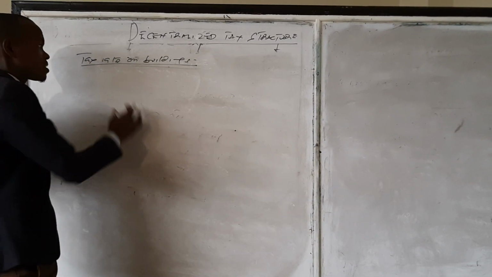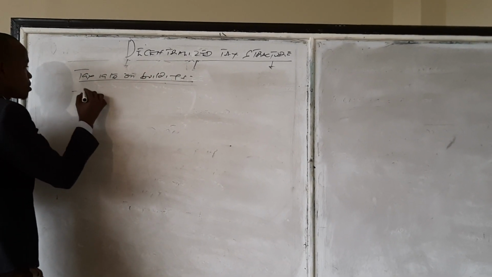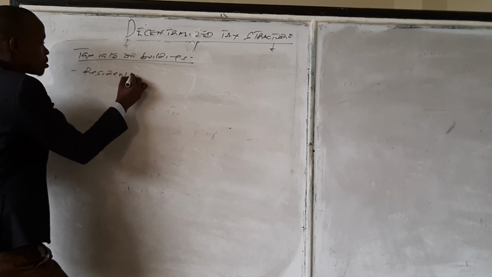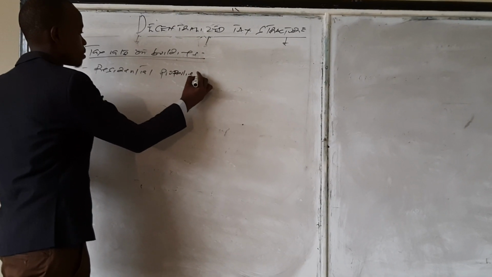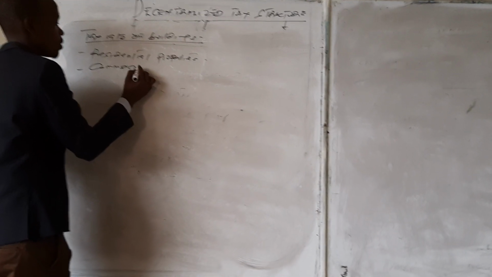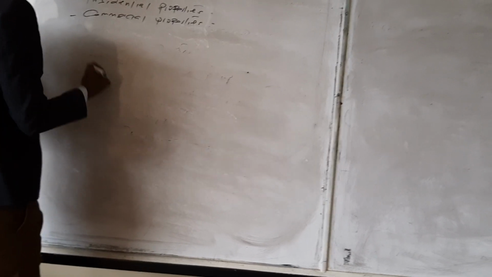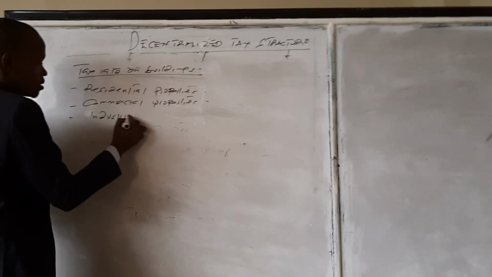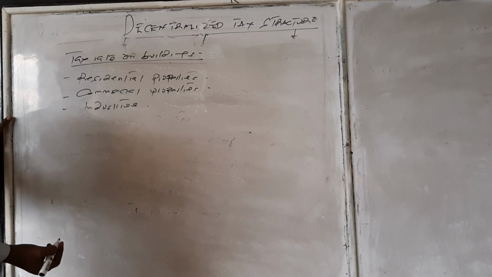Let us look at the tax rate on buildings. We have different buildings, such as residential properties, commercial properties, and industries.